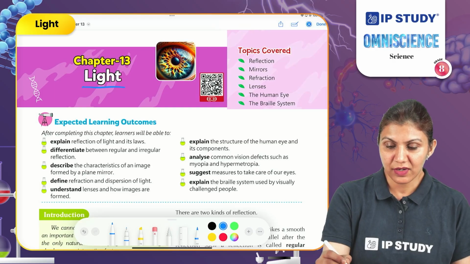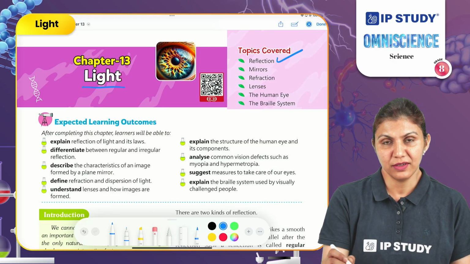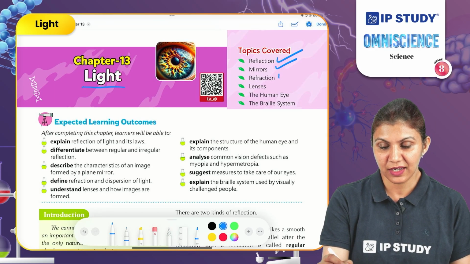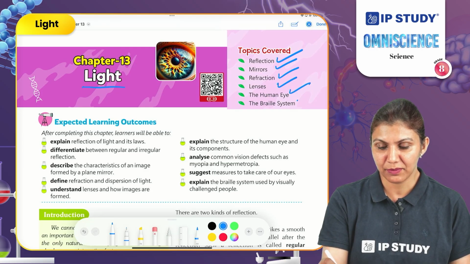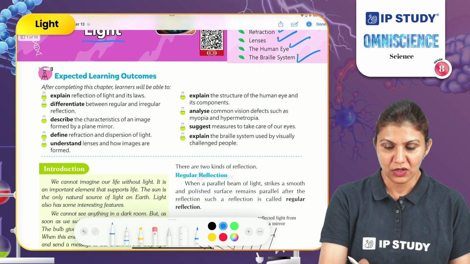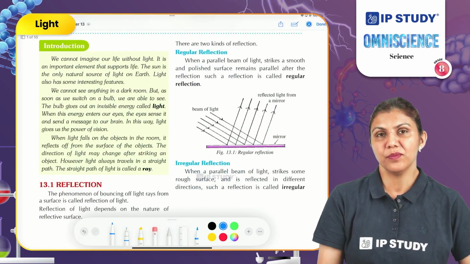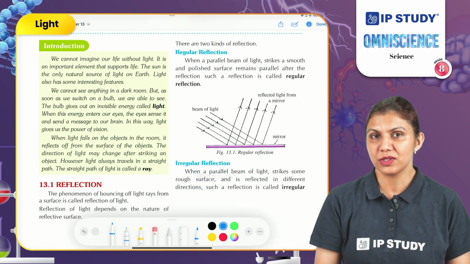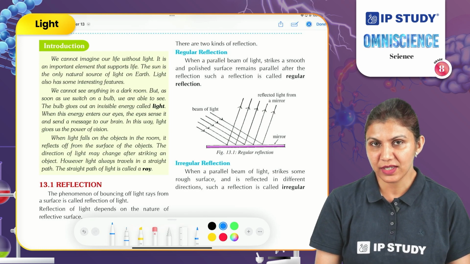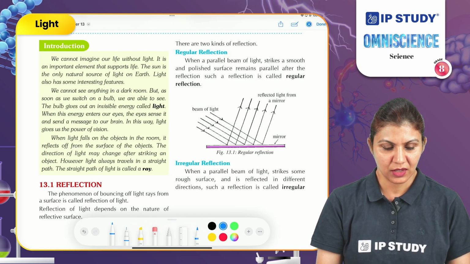In this chapter, we will cover the topics reflection, mirror, refraction, lenses, human eye and Braille system. So, we know that light enables us to see different objects, different surfaces in the surroundings.